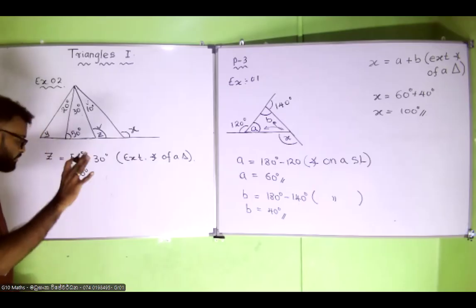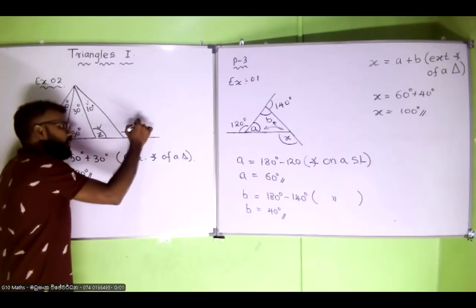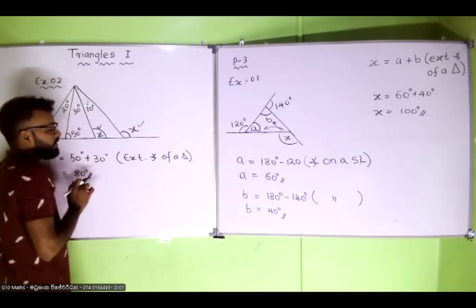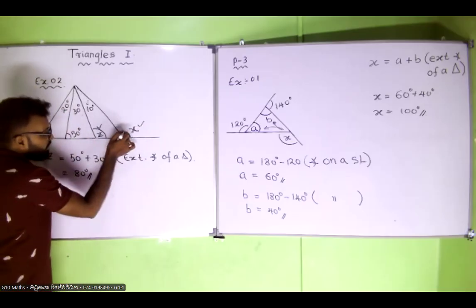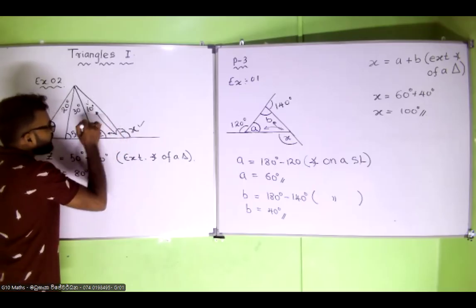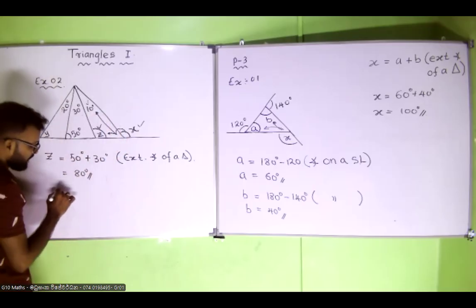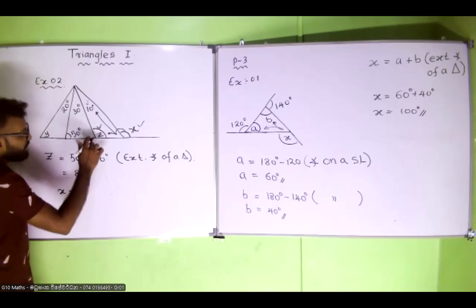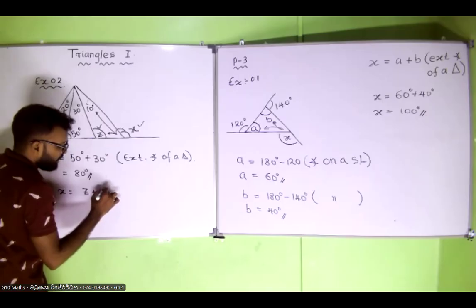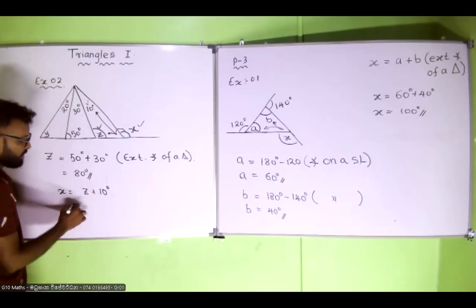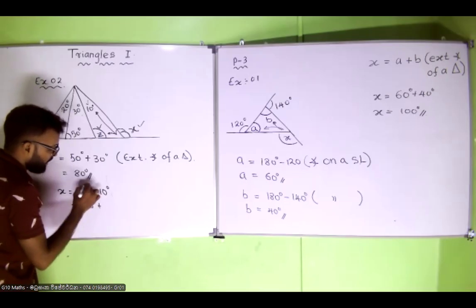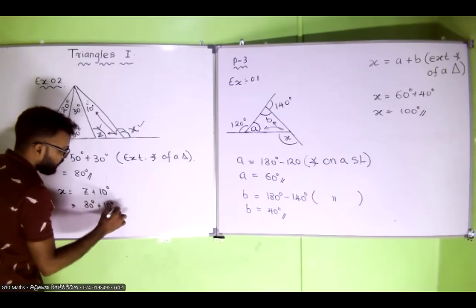So the same theory I am going to apply to find x. X is my exterior angle. So the two opposite interior angles are z and 10. So I can write x equals z plus 10 degrees. Z is 80 degrees, and I have to add 10.